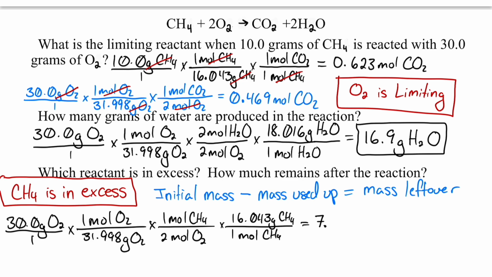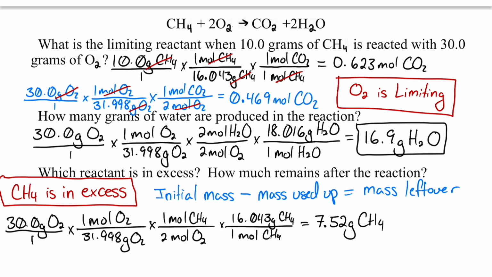So we find that 7.52 grams of methane is used up in the reaction. So this represents the amount used up. The initial mass is our 10 grams.